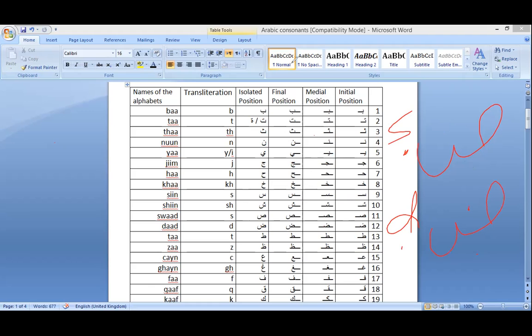It should be a bit longer than the other letters that look like this, and it has this extra part. You cannot say this is Sa unless you put that extra part.